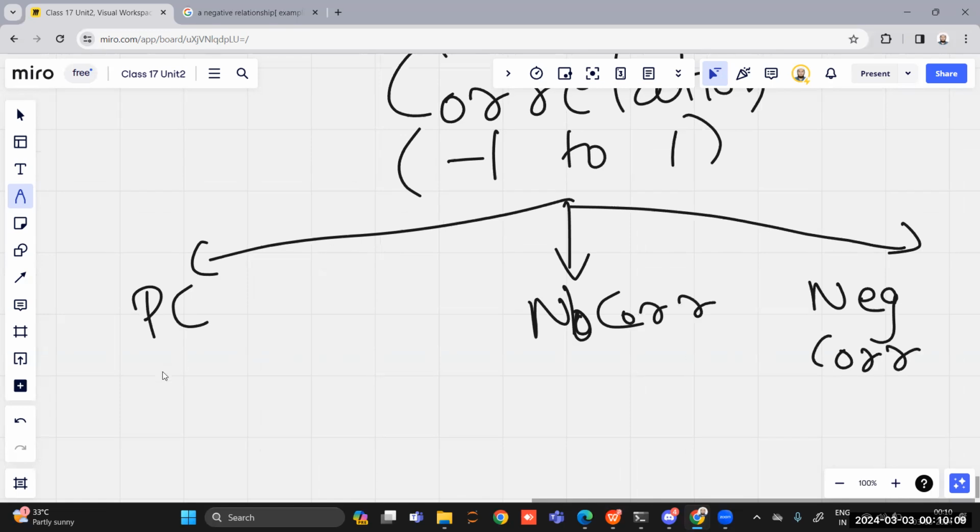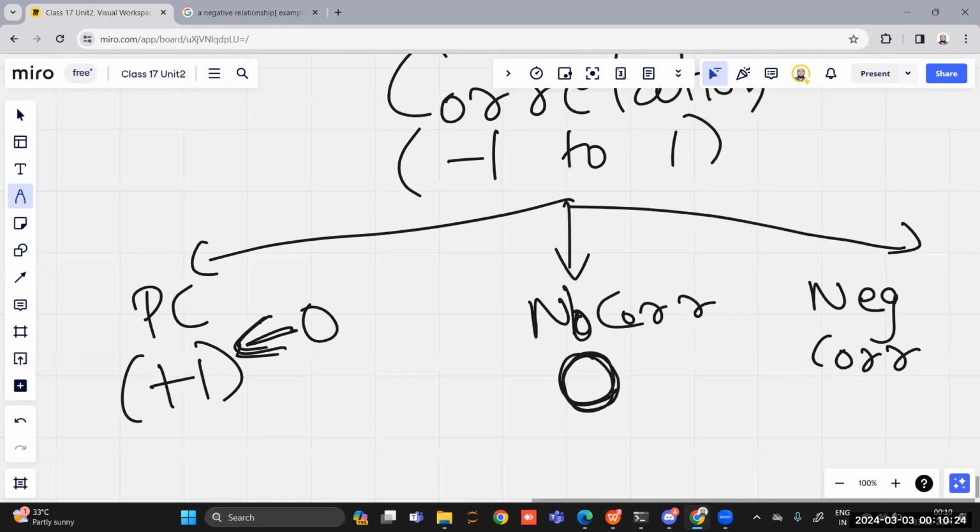If there is a positive correlation, the value must be between 0 to +1. Why am I saying 0 to +1? I'll come to that point. If there is no correlation, the value must be exactly 0. And if there is negative correlation, it must be between 0 to -1.